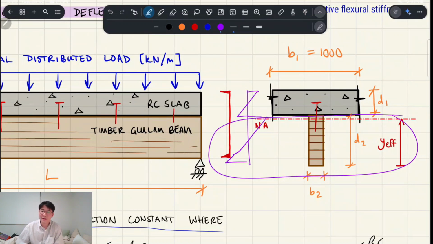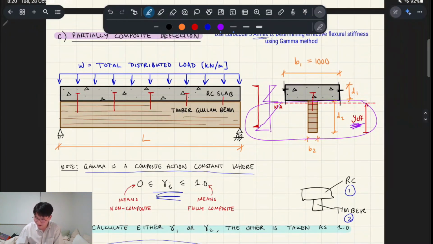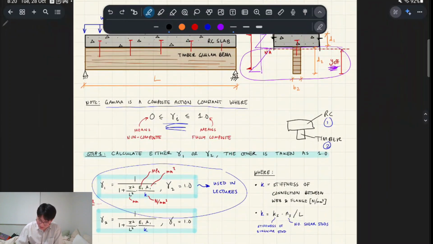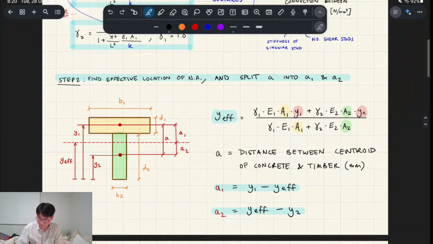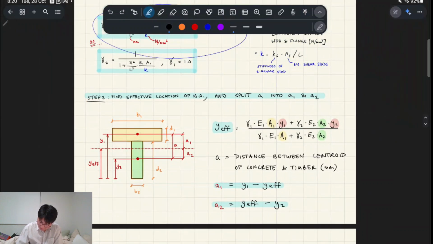So we're not calculating the real location of the neutral axis, but an effective location of the neutral axis, where it kind of is in between those two methods, if that makes sense. So this is like some fake neutral axis that doesn't really exist in real life. And that's what this is, and that's what all these formulas are about. And yeah, so that's that.